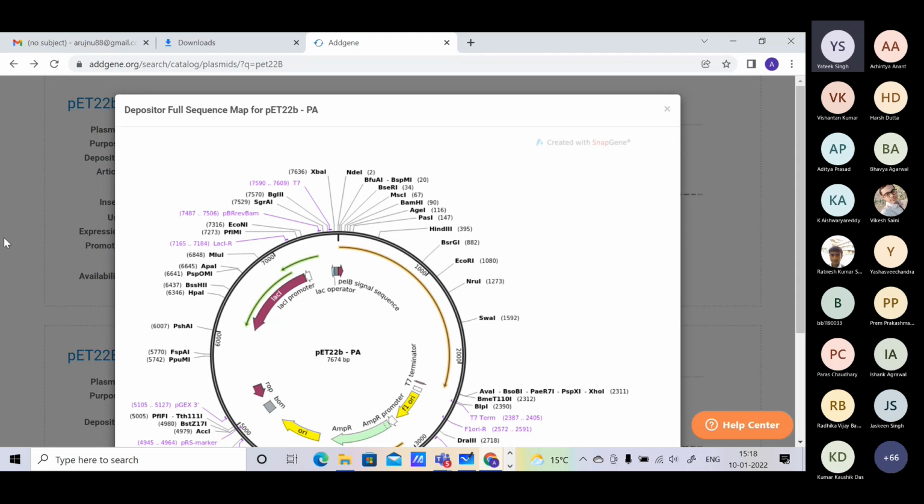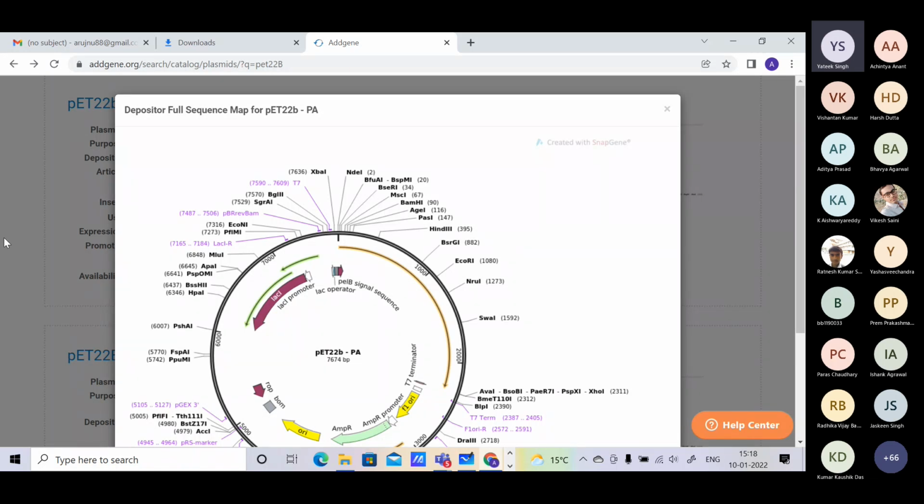Sir, I had a question. You said that we are getting a single colony from a single cell. So why is there not a possibility that there would be some plasmid-free cells in the colony? So that is possible. Your colony is dividing again and again, and some cells may lose the plasmid. That's absolutely right.